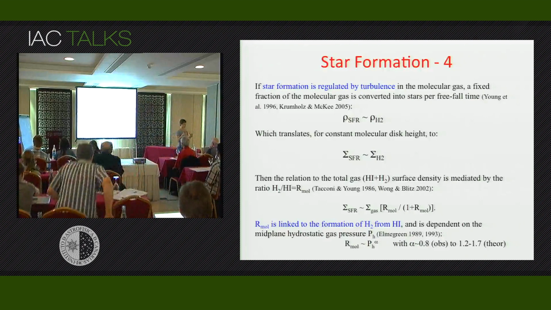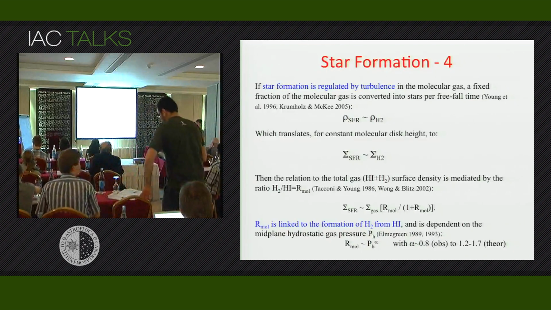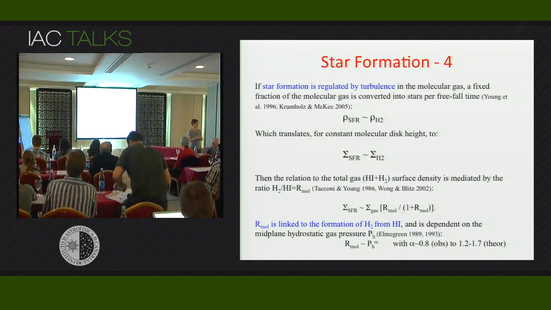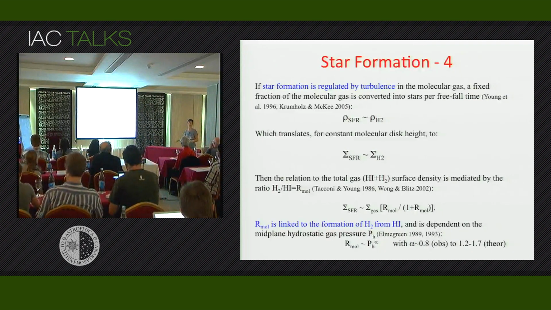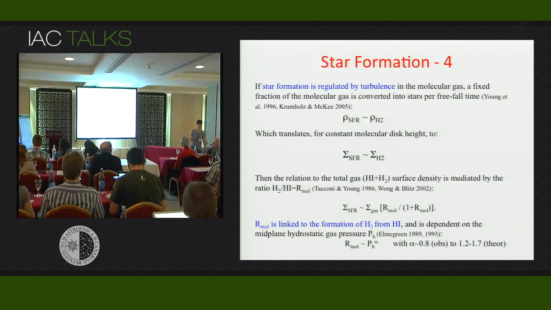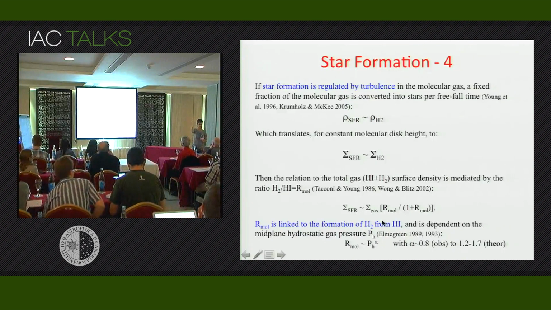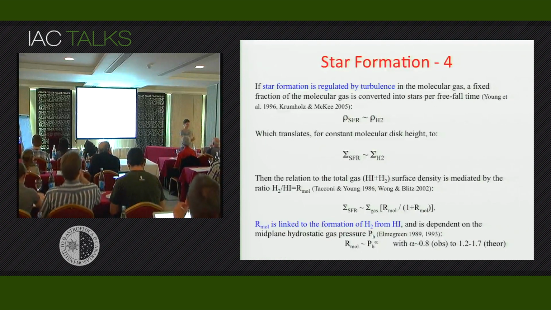Once you have a direct relationship between the star formation rate and the molecular gas, you can actually relate it to the total gas content of the galaxy, through the ratio of HI and H2. So R_mol in this formulation is the ratio of H2 to HI, and R_mol is linked to the formation of H2 from HI, or the molecular gas from HI.